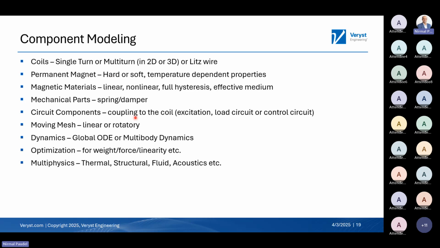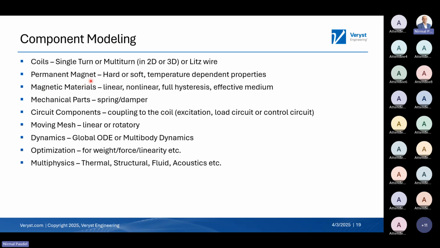All right, as you saw in that geometry, we have a coil. Now we need to decide on single-turn or multi-turn types, or if you are changing the wire to have lead wire combinations, we can customize them accordingly.